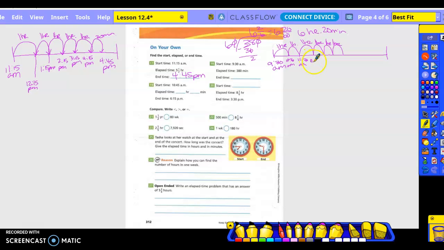That gets us 12:30 p.m., then 1:30 p.m., then 2:30 p.m., and then 3:30 p.m. And then we need to go ahead another 20 minutes.